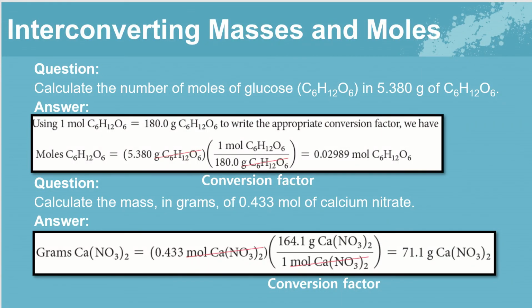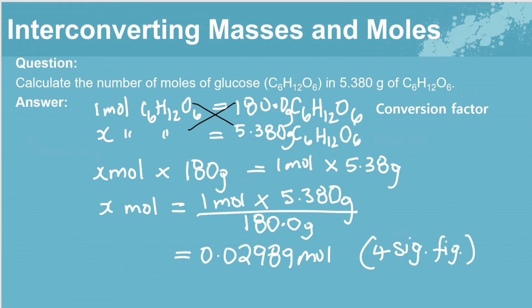All right, so I like to use statements. We're going to answer the same 2 questions using statements. With the first calculation, to go from grams to moles, we start off with our conversion factor, which is our molar mass. What we're trying to find is moles, that is why X is here, and we are given the mass.